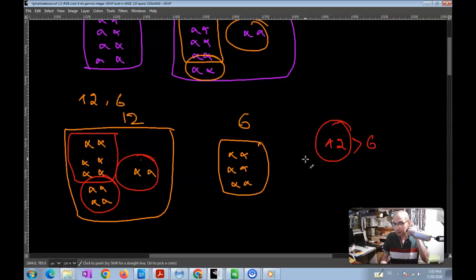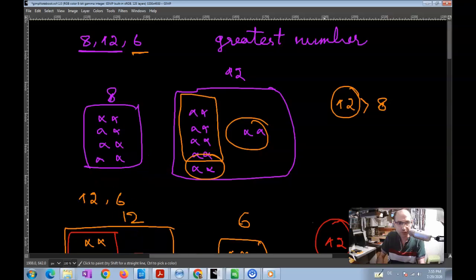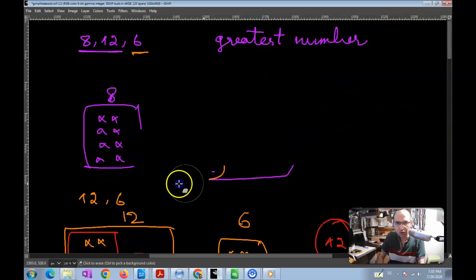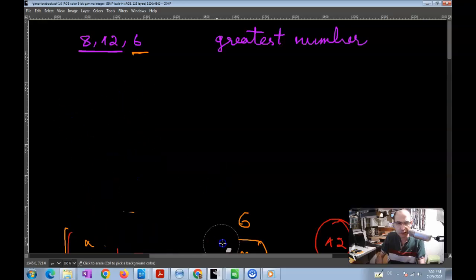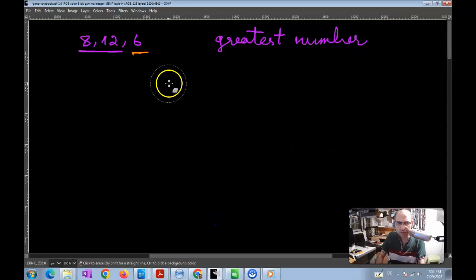Okay, now another way to compare numbers is, for example, with the exact same numbers that we have over here. You can write your numbers in an ascending or descending order.